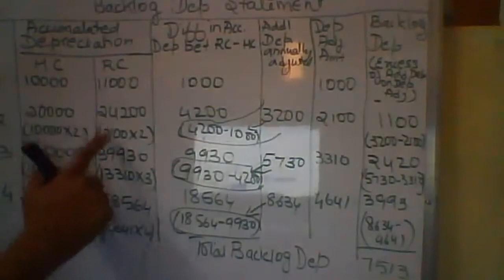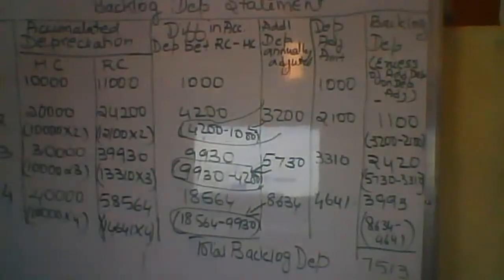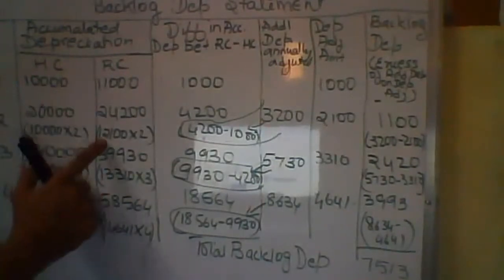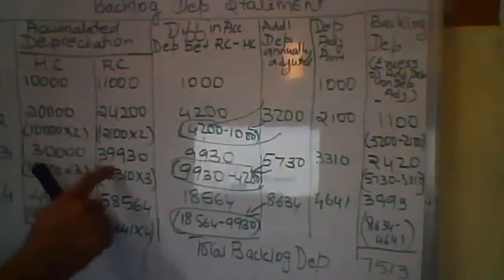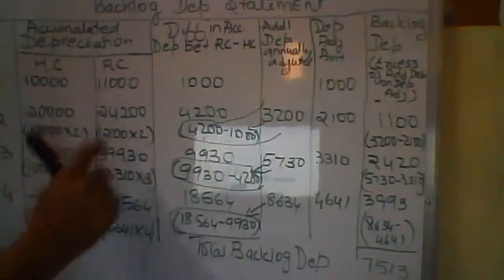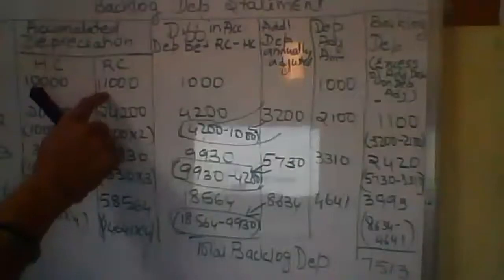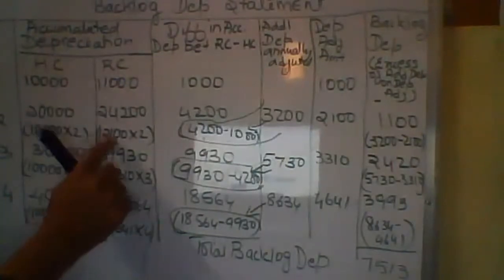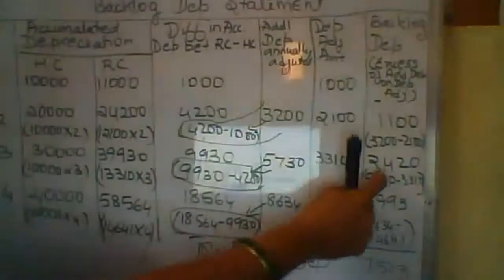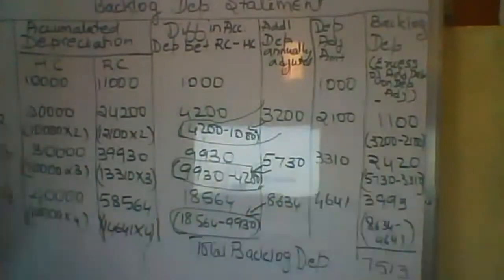Second year I took 12,100 only as depreciation. 13,310 minus 12,100, how much is the difference? Again 1,210 difference. So what is happening? The difference between 13,310 and 11,000, and the difference between 13,310 and 12,100, is nothing else but your 2,420.